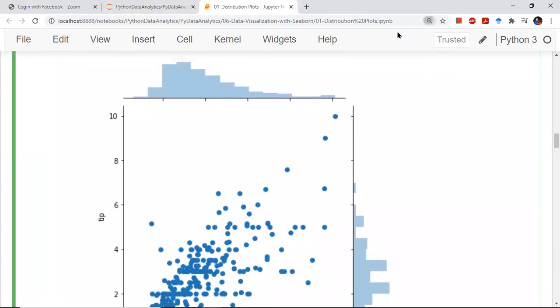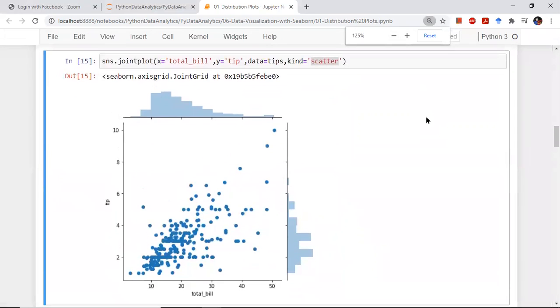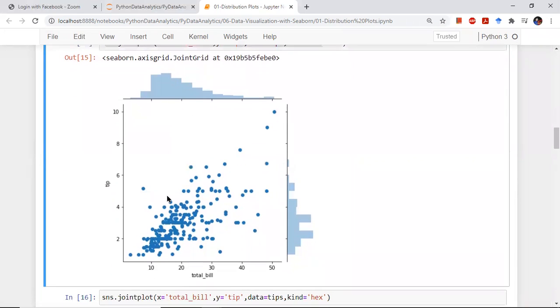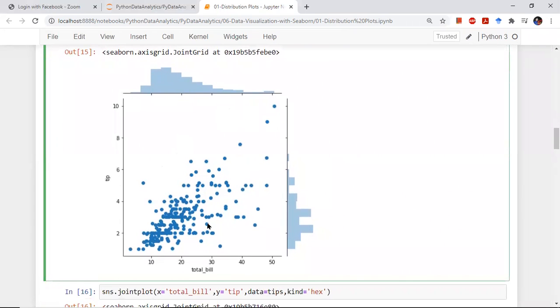Let me zoom out a bit so that we can see the whole graph in one picture. This is the joint plot we have plotted, where total bill is on the x-axis and tip is on the y-axis, the data is the tips data set, and the kind is scatter. Each dot shows that for this particular bill, the tip was this.